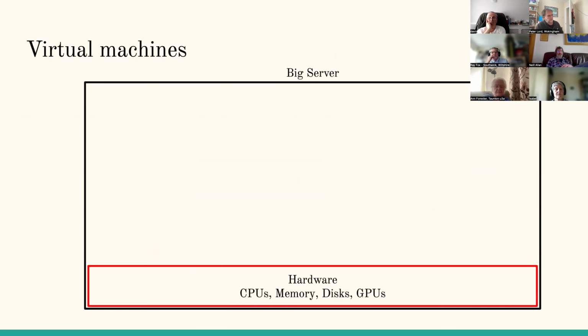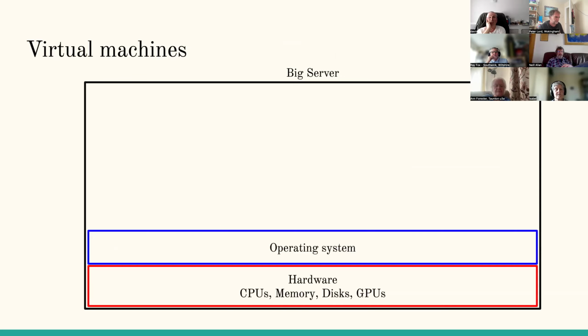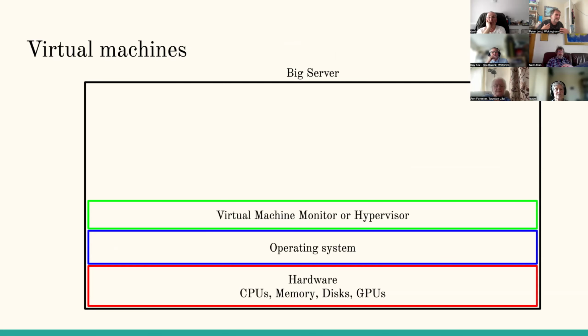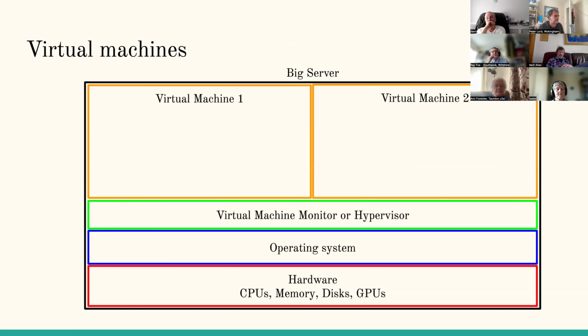So the way these things work is you have hardware as normal, CPUs, memory, and disks, and so on. You usually have an operating system, and now we install a virtual machine monitor or hypervisor, depending on who you talk to. Now, this bit of software allows you to run virtual machines.